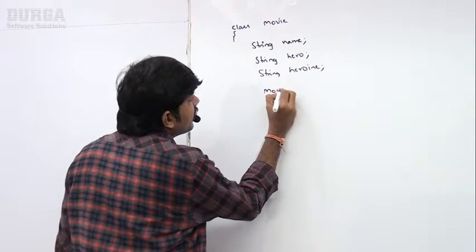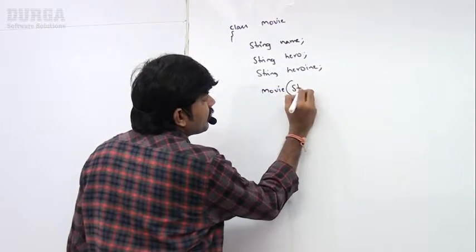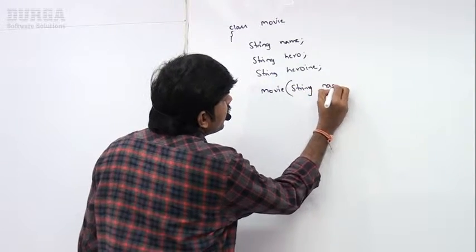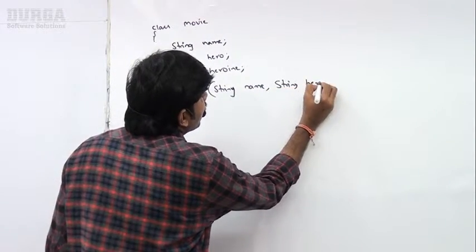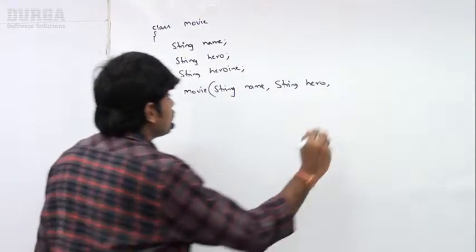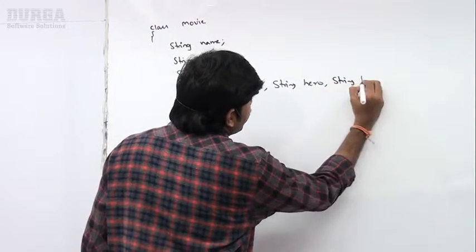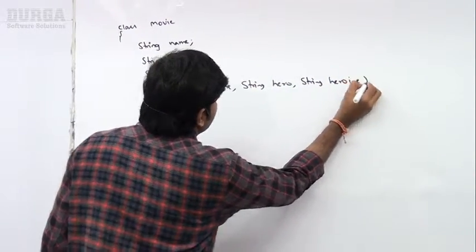Now, here, a Movie constructor: String name, String hero, String heroine. Sir, what is this concept? Constructor.